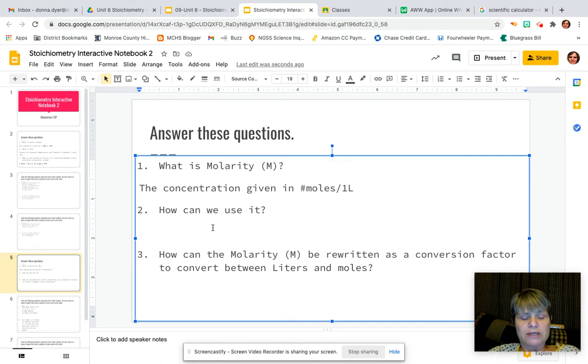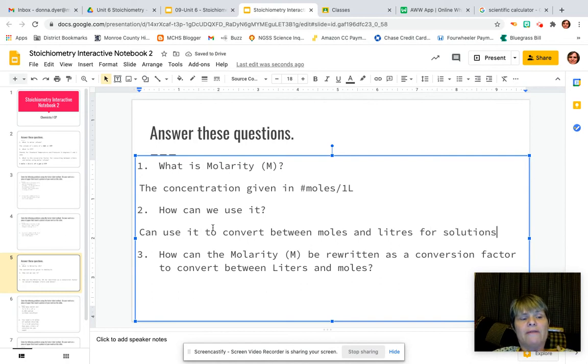So how can we use it? Well, we can use it to convert between moles and liters for solutions. As I said earlier, the molar volume is for gases at STP. The molarity is for solutions.